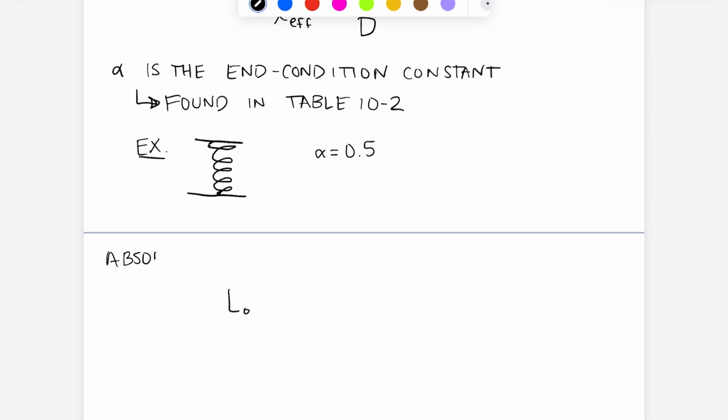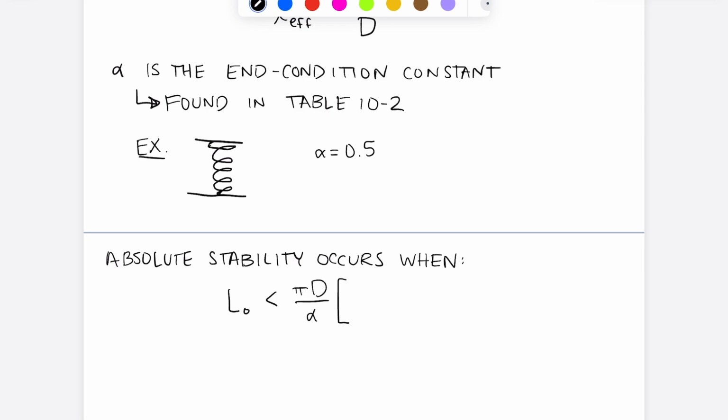So absolute stability occurs when our free length is less than pi times mean coil diameter over alpha times (2 times Young's modulus minus the shear modulus divided by 2 times the shear modulus plus Young's modulus), close parentheses, and to the 1/2 power, or square rooted, same thing.